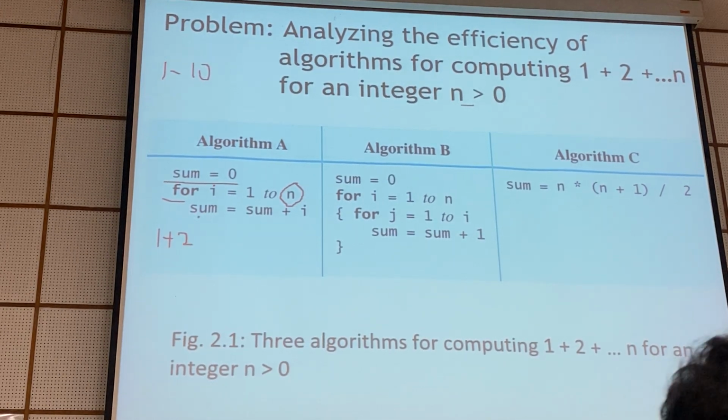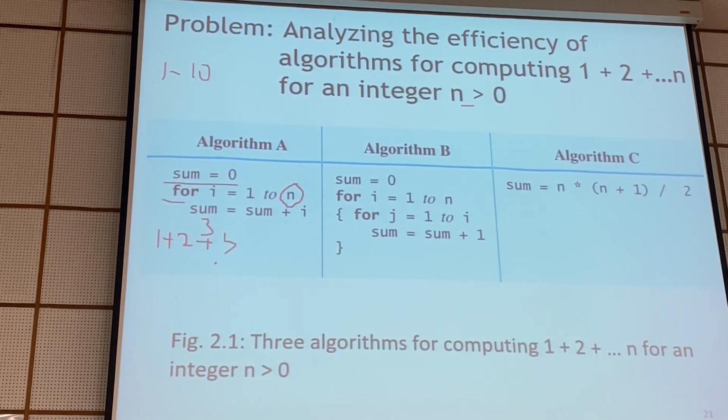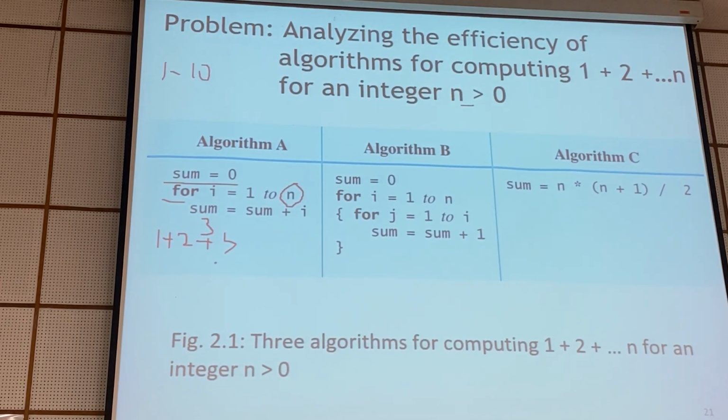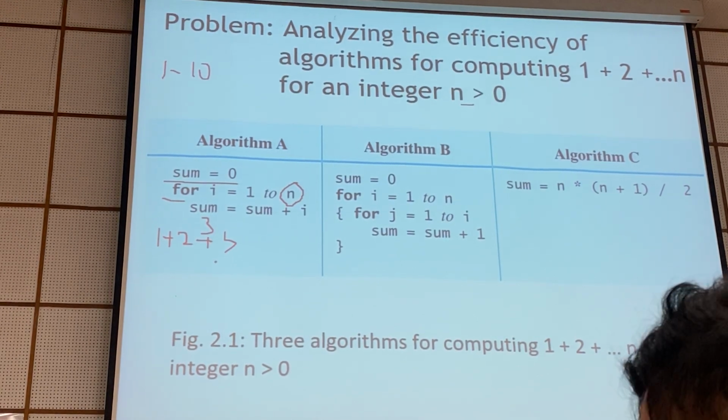You put 3 into the sum, and then of course plus 3. This is how it's going to go. We are doing the same thing, and the output is the same. Remember, during one of the practical classes I said your output is correct, but the way you are doing it, efficiency is important.